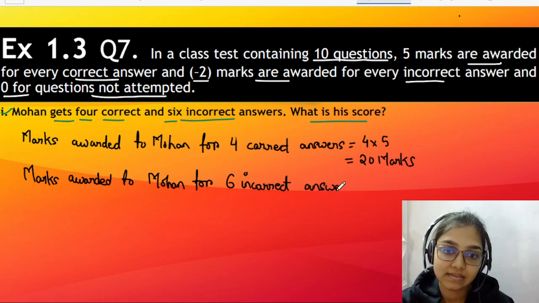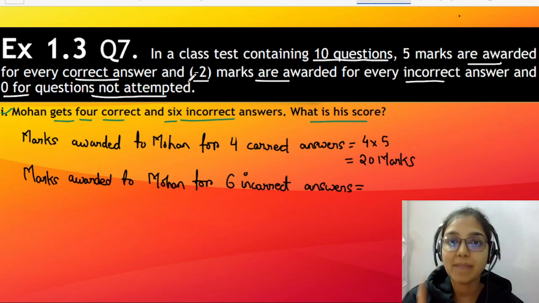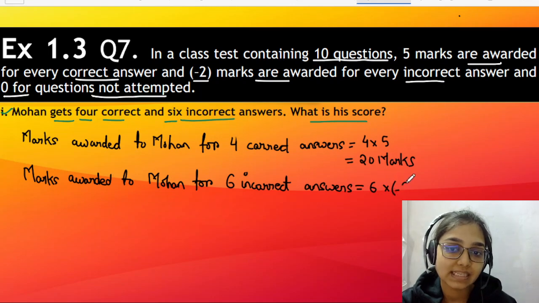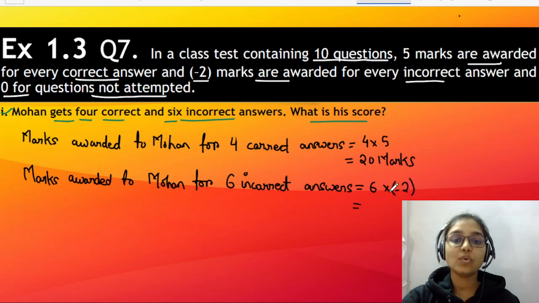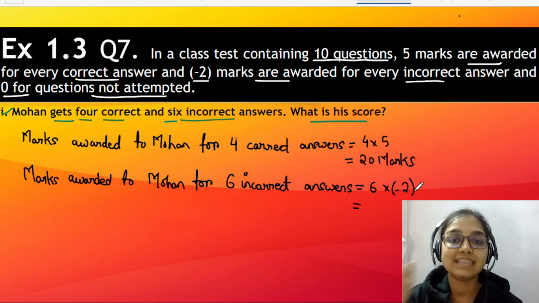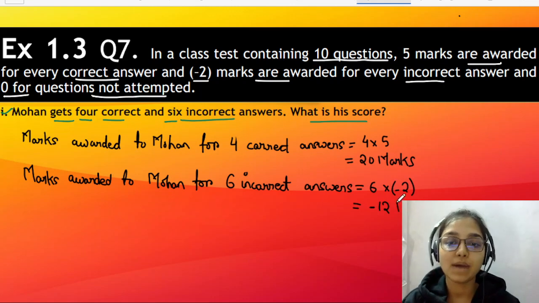For 1 incorrect answer it is minus 2, so for 6 it's going to be 6 multiplied by minus 2. Since we can see there are 2 operators, we are going to put one of the operators inside brackets to avoid any confusion. So 6 into 2 is how much? It's 12. Now plus 6 times minus 2, plus of minus is minus, so it's going to be minus 12 marks.